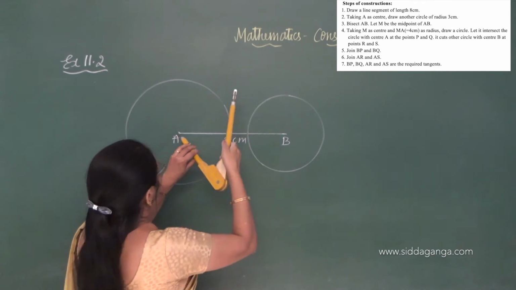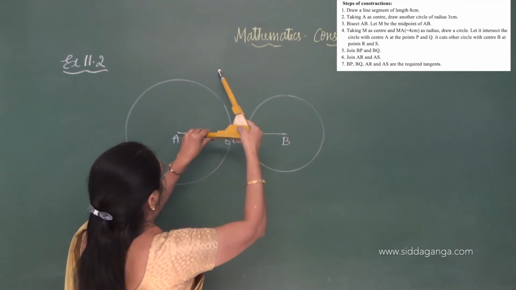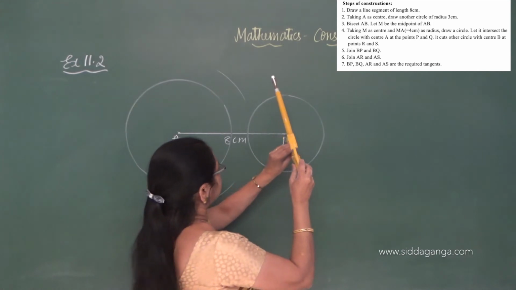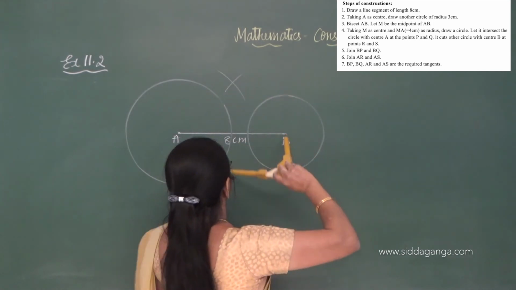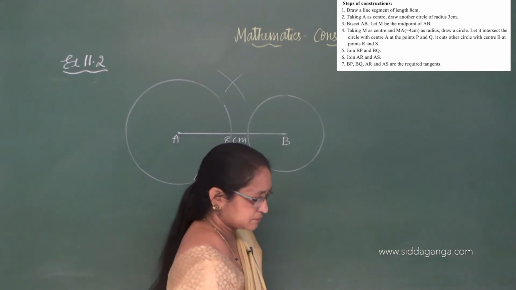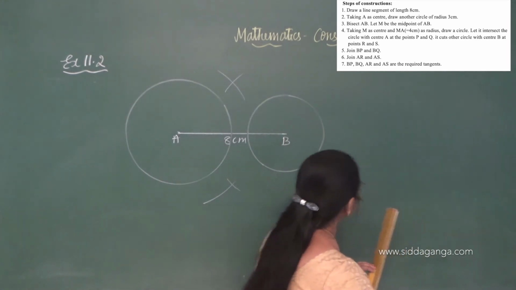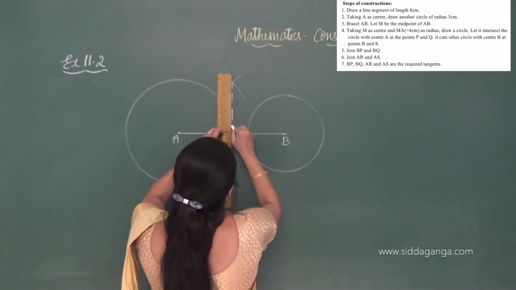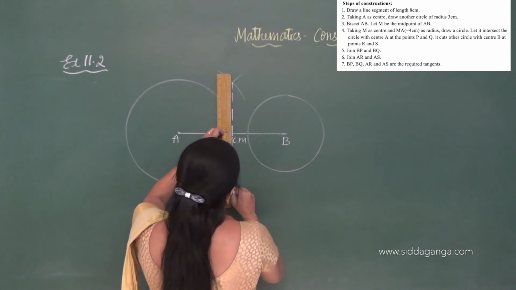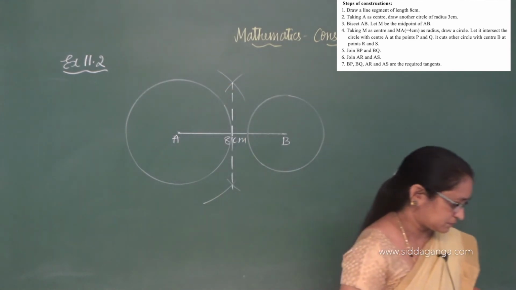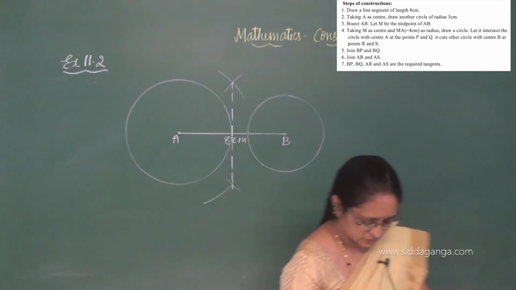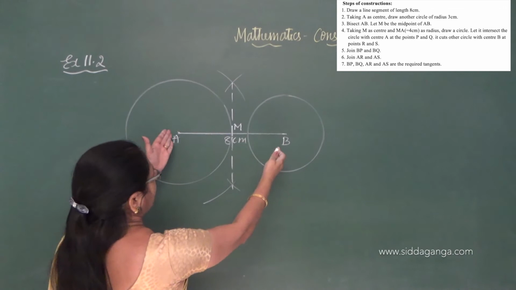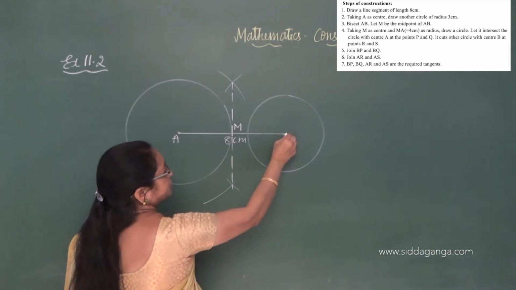I will take more than half, mark an arc here, then from B as center I have to cut the arc. Next, I will join. So let this be M. M is the midpoint of AB.